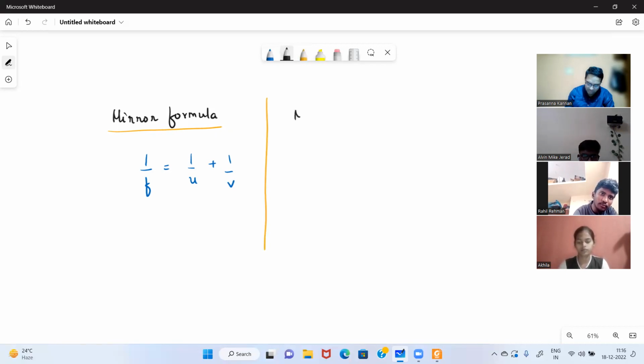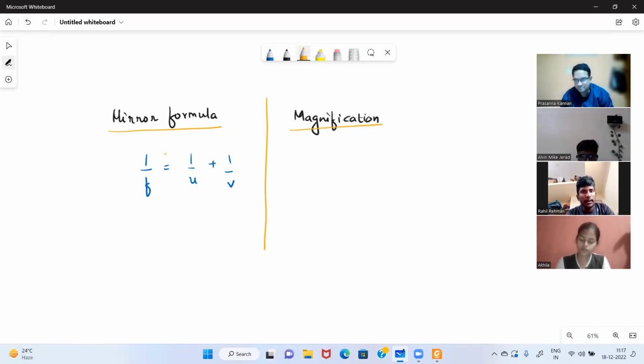Then we learn about something called linear magnification. What do you mean by magnification? Whether it's enlarged or diminished. Exactly. It is the ratio between the image size and the object size, or image height to object height.